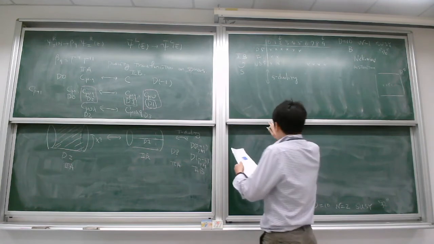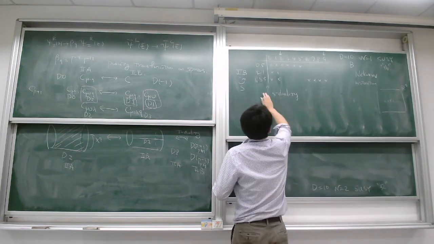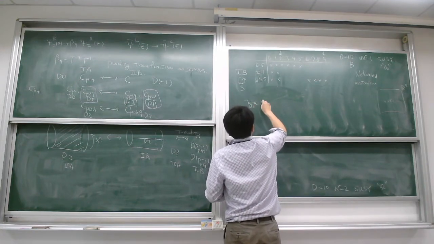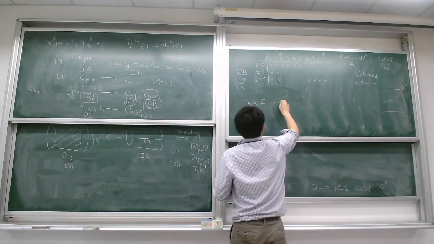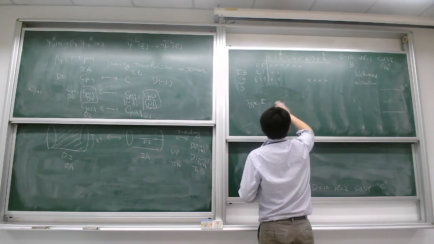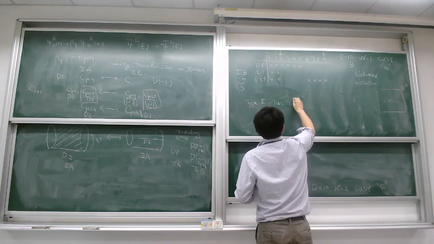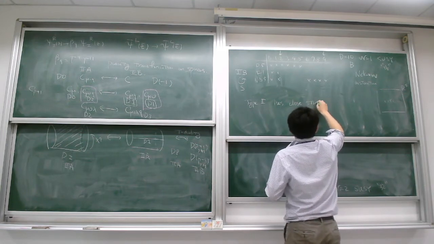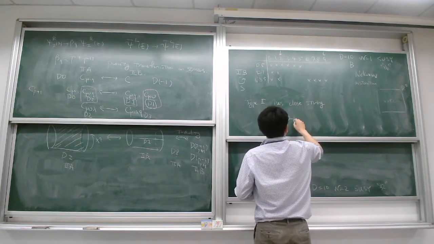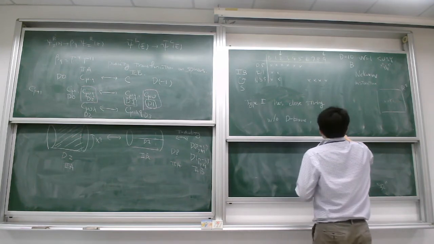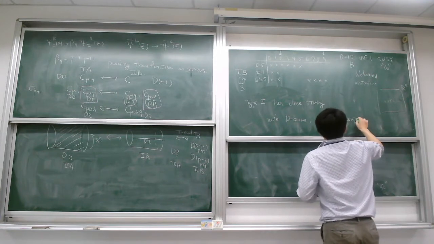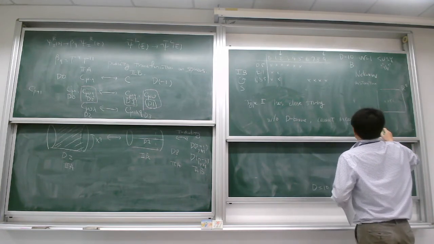Type 2 string has closed strings without D-branes. One cannot incorporate the open string.